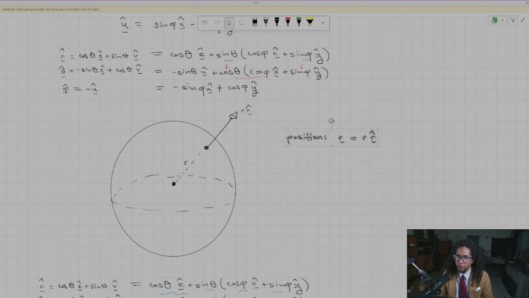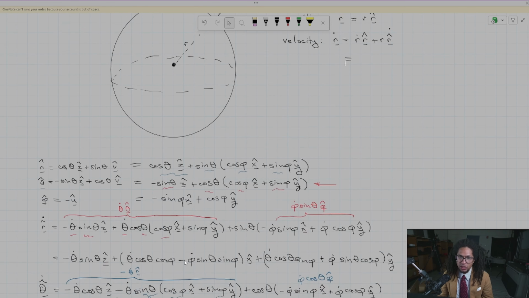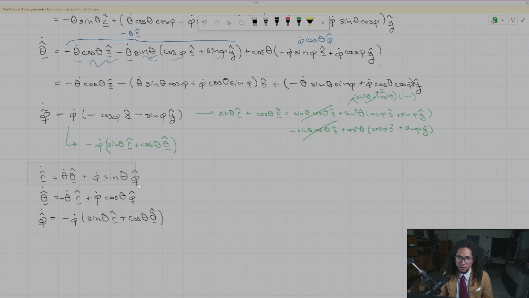So for position, we had that r is equal to r r hat. That's always the case in spherical. For velocity, we need to take r dot. Just as in polar coordinates, we can use the product rule on this product. So that's r dot r hat plus r r hat dot. But now we just need to look at what r hat dot is. It's this.